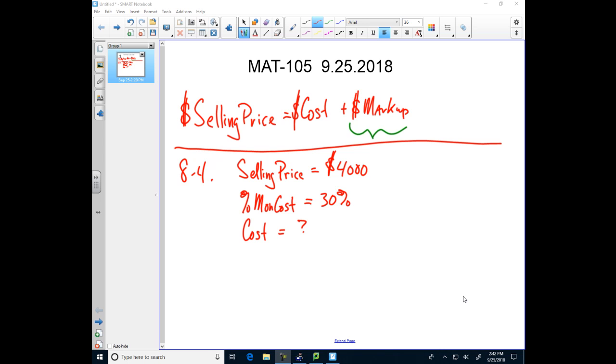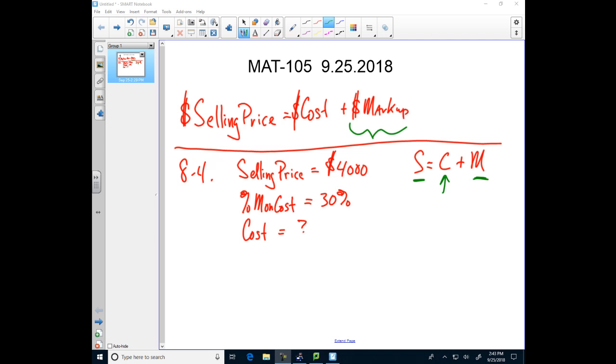No. Making it 4,000? No, that's how we got up to $4,000. See, the selling price equals what you paid for it plus the markup. Now, in this case, we're told this as a percentage of cost, and the cost is what we're looking for.